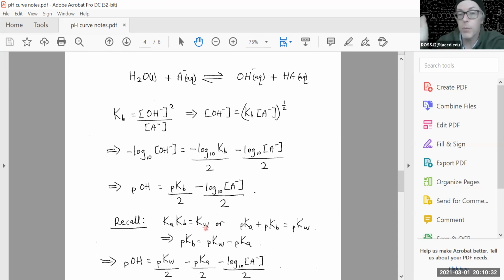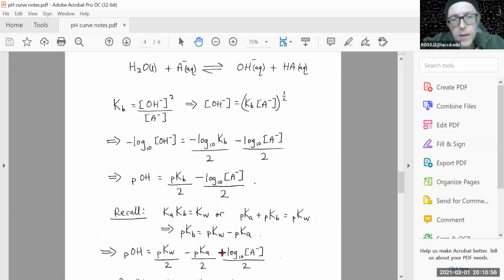Or if we take the p expression of both sides, we can make Kw pKw. But if we p this product here, we take the sum of the logs. So that's why we have pKa plus pKb. And then if I want to isolate pKb, I just subtract pKa from both sides of the expression and I get this one here.